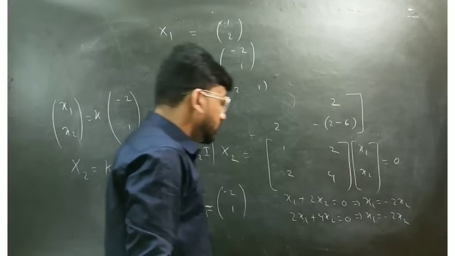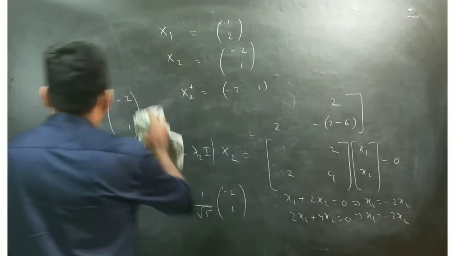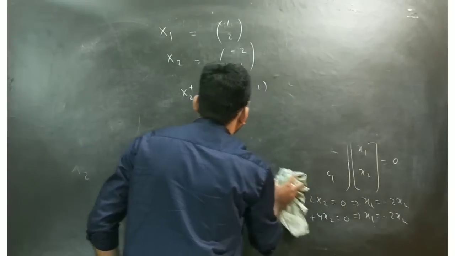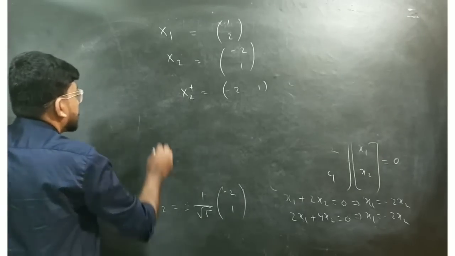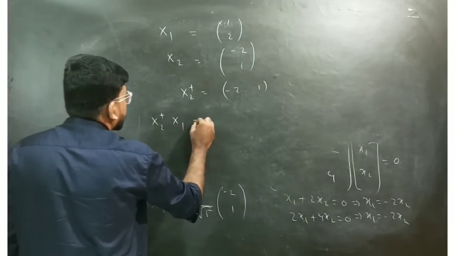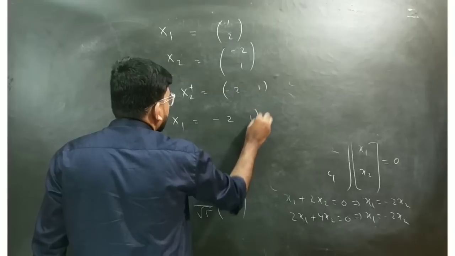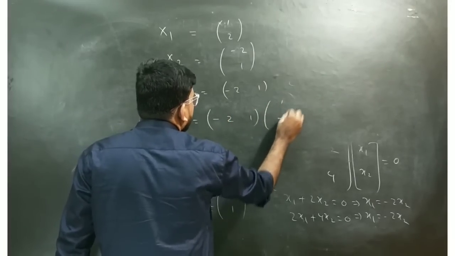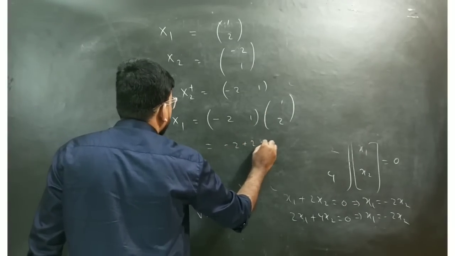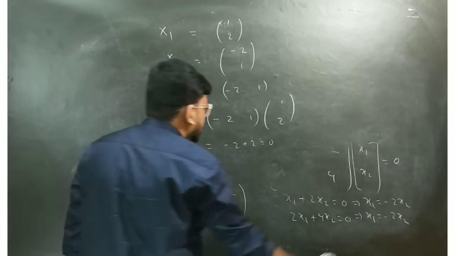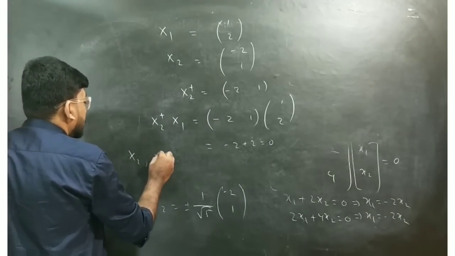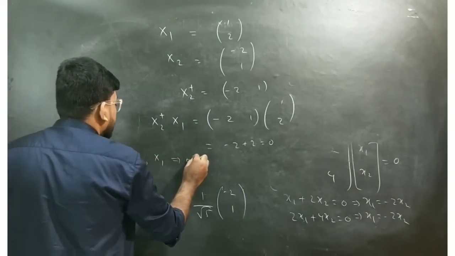And now if you multiply these two, you will get this x2 dagger x1, that will be minus 2 1 and 1 2. Now minus 2 plus 2 is equal to 0. So that means this x2 and x1 are orthogonal to each other.